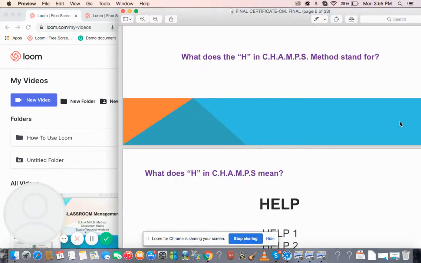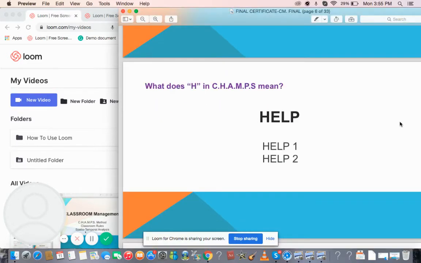Then we have H, help. Usually loitering happens when students don't understand how to ask for your help when they have problems with their writing, listening, or reading activity, or an activity that should be done alone or with a partner.